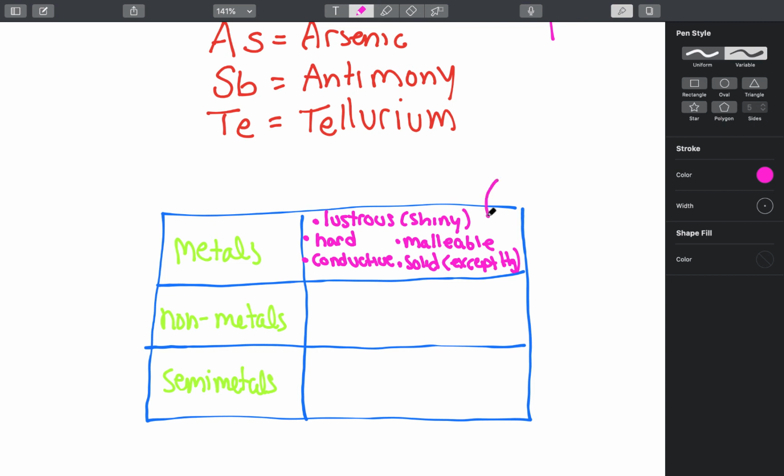And they also have a high boiling point and a high melting point. Now there's other properties that you should know about, but we will leave those till we have a greater understanding of electrons. So we're going to get into that later. Nonmetals tend to be not lustrous.